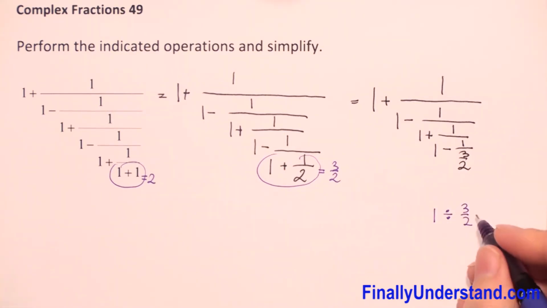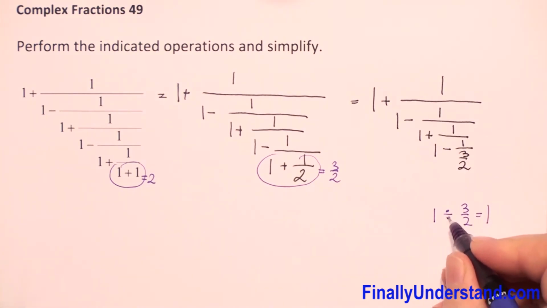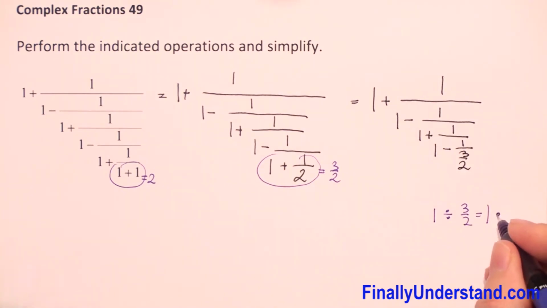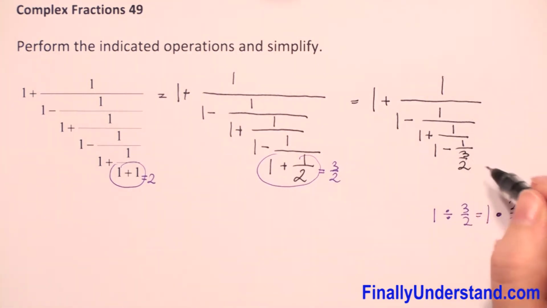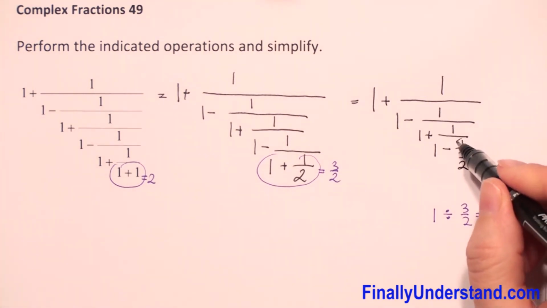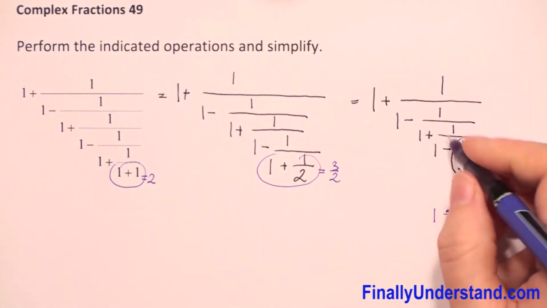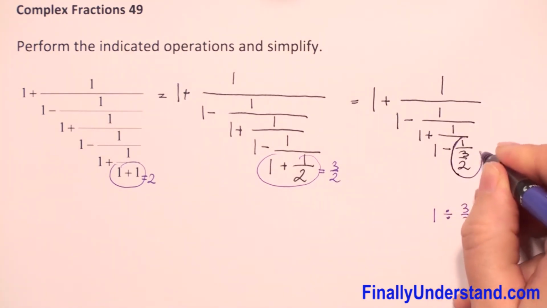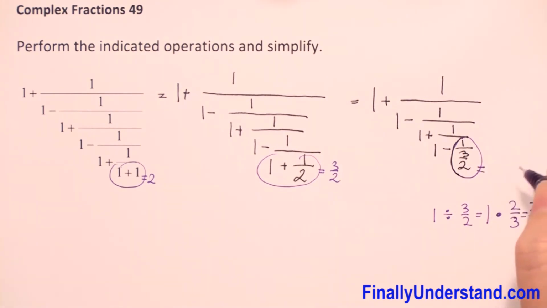We have to copy the first number, 1. We change division to multiplication because we have a fraction, and we have to flip the second fraction. So this is 2 over 3. 1 times 2 over 3 is 2 over 3. So 1 over 3 over 2 is equal to 2 over 3.